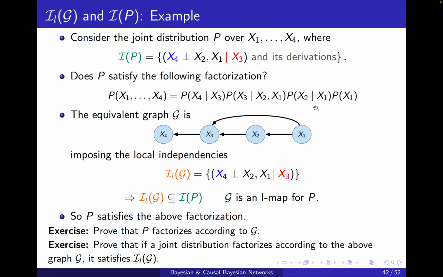Now, two exercises: prove that P factorizes according to G, not from the theorem, of course. And the other one is to prove that if a joint distribution factorizes according to the above graph G, it satisfies ILG. Okay? It's good for practicing the algebraic derivations that we just went through.